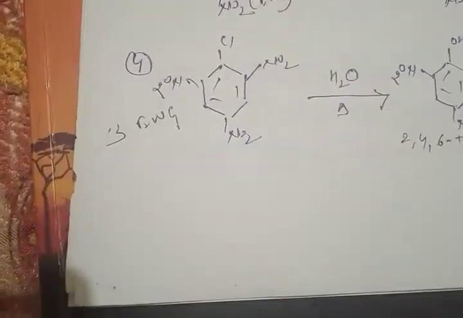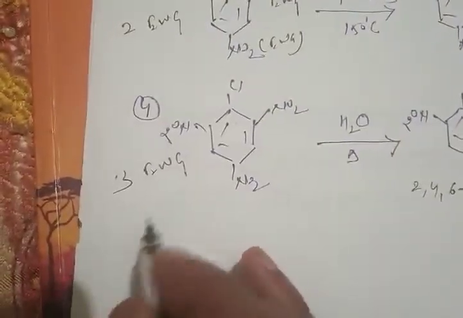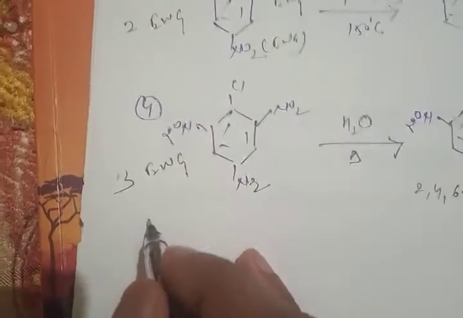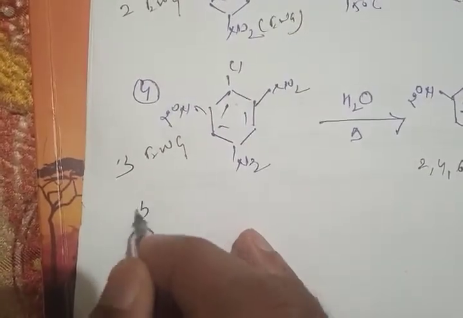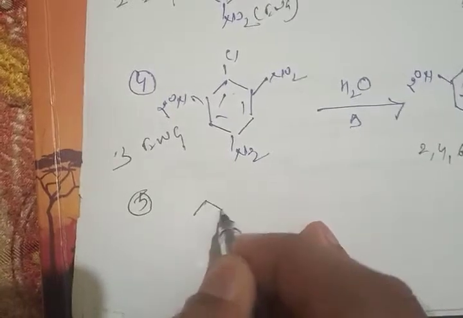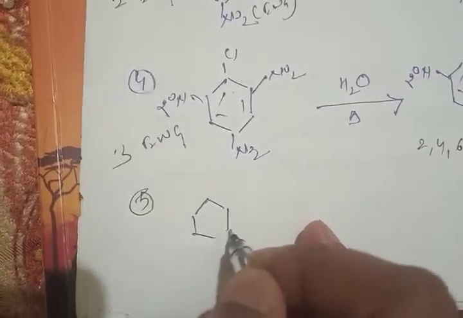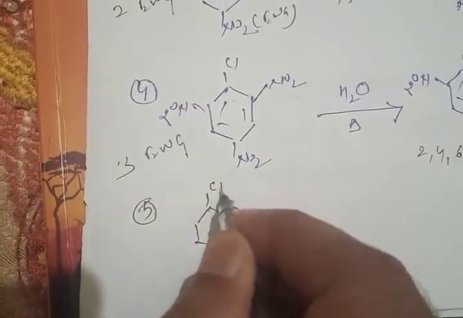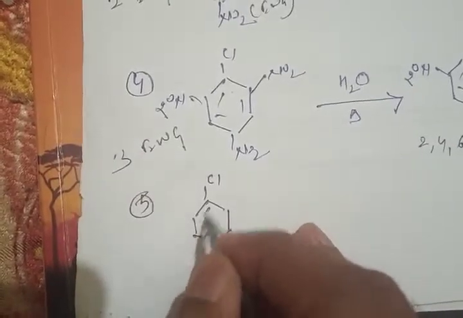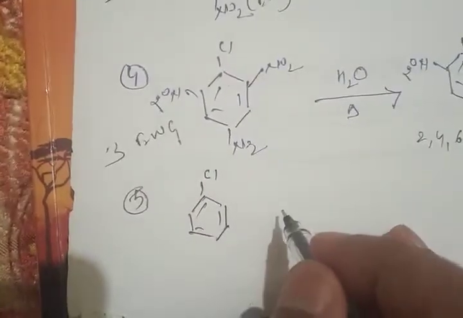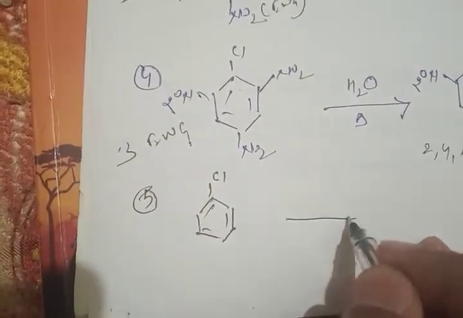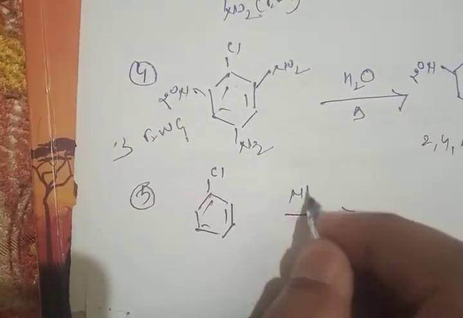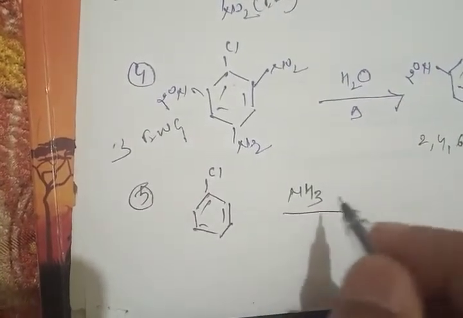You can go for other examples also. Let's take some more examples so it will be clear to you. In question 5, if you have chlorobenzene and want to replace it with an amine, this is NH3.